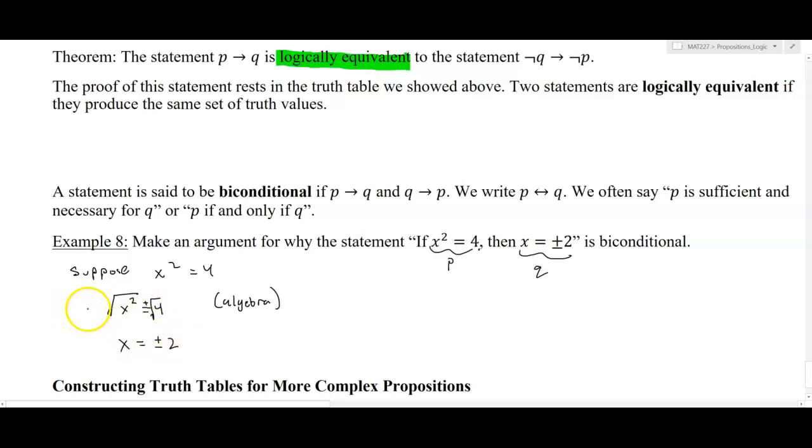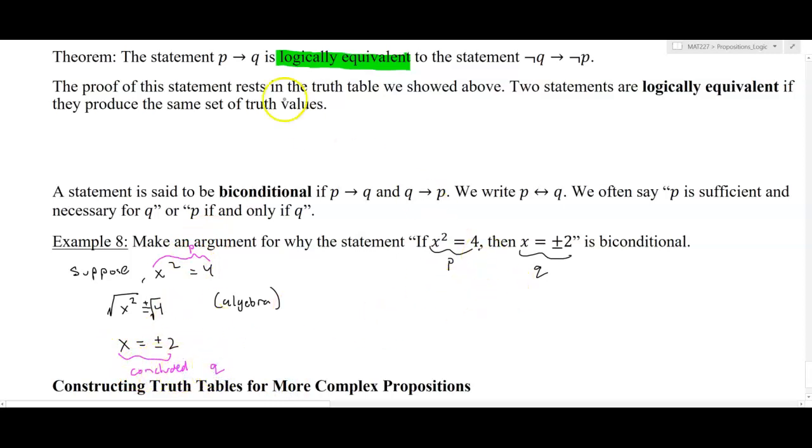So you can see that whenever we assume x squared equals 4, the conclusion comes out to be x is plus or minus 2. And that means that we assumed P and we concluded Q.